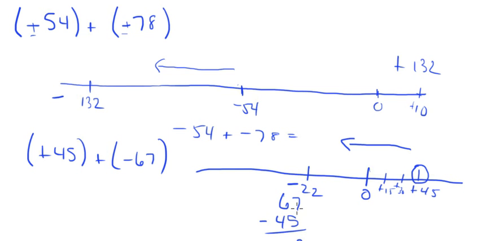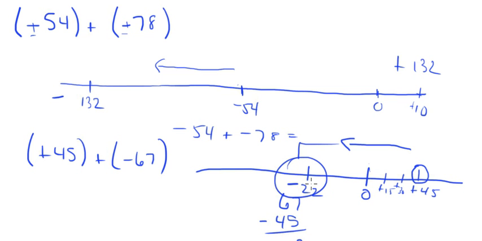Negative. I'm going 67 places. So look, the first 45 places get me back to 0, right? So the next amount of places I have to go to get to 67 are all going to be in the negative direction. So the answer is going to be negative 22. That's where I'm going to wind up, right?